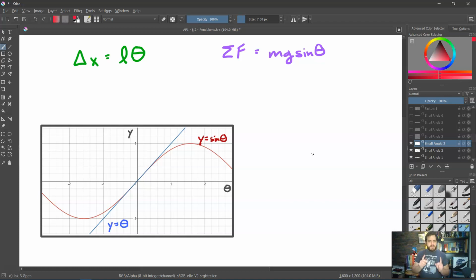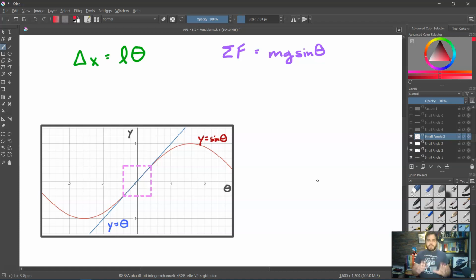And if we look here, we notice something very interesting. If we look in this region, about 0.4 radians in each direction past 0, we notice that the two curves are essentially identical. This is a very useful thing because we are now going to use a little mathematical trick that will make our life a lot easier.